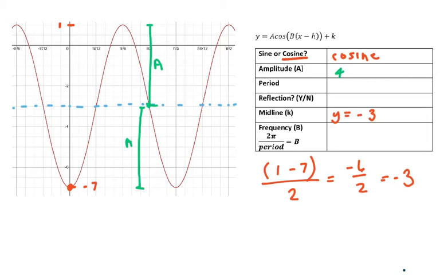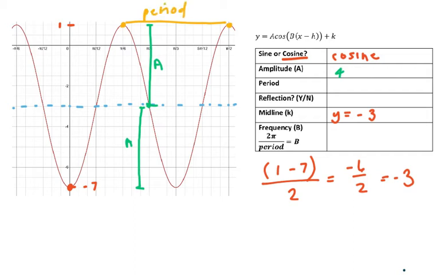Now moving to the period. The period of a sine or cosine curve is the length of one cycle of the curve. So to figure out what the period is, we are going to look at the distance from one maximum point to another maximum point. So this distance here is called our period.